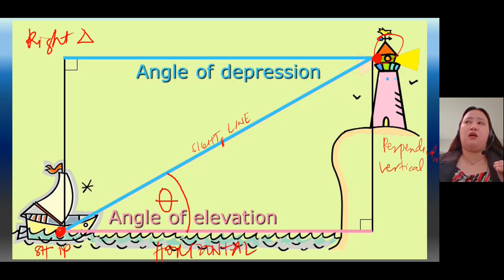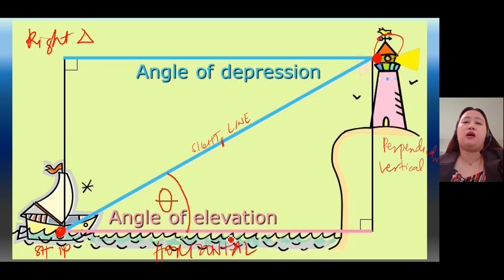With you currently looking at the top of the lighthouse, there is a straight line that can be formed, and that is the sight line. Again, we have here the sight line when you are at the ship looking at the top of the lighthouse.